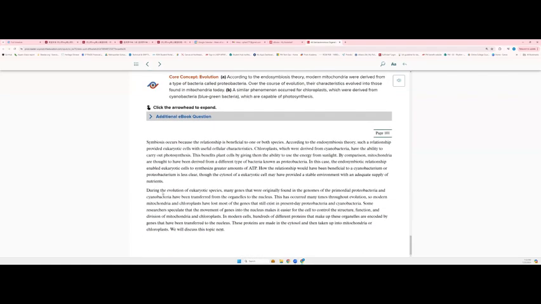Basically, during the evolution of eukaryotic species, many genes that were originally found in the genome of the proteobacteria and the cyanobacteria have been transferred from the organelle to the nucleus. This happened many times through evolution.